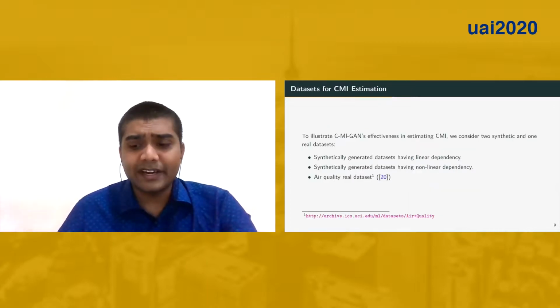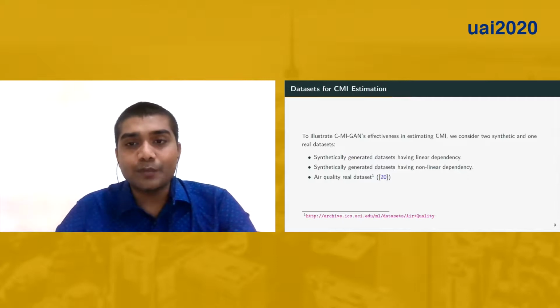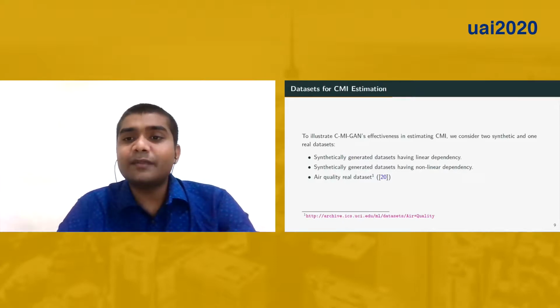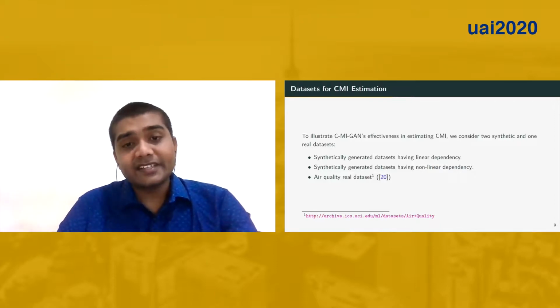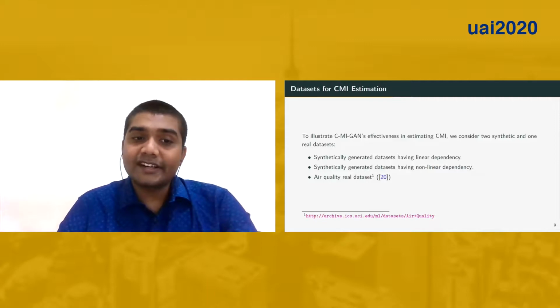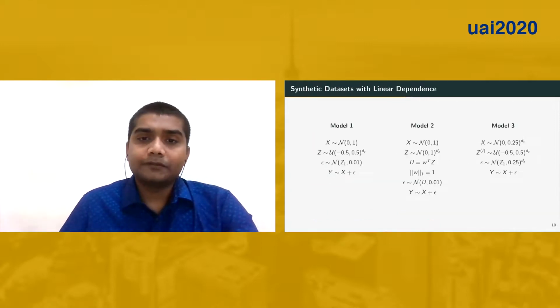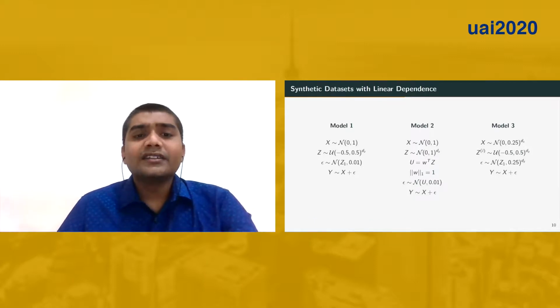In order to evaluate the effectiveness of the proposed method, we consider estimating CMI on different datasets, such as one synthetic linear dataset, one synthetic nonlinear dataset, and a real world air quality dataset. We consider three linear data generation models.